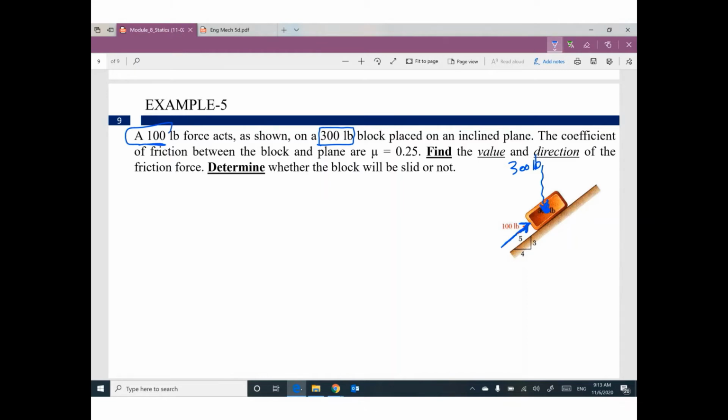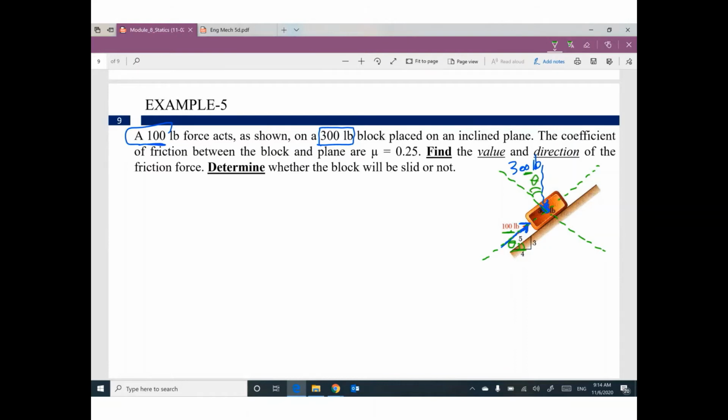Why are you lucky? Because I would like to break each force into two directions: parallel to the inclined surface and perpendicular to the inclined surface. The 100 pound, I don't need to do anything because it is already in the direction parallel to the inclined surface. I am good with 100, but I'm still not good with 300, which is the weight. I'm going to assume this angle theta, which equals this angle theta.